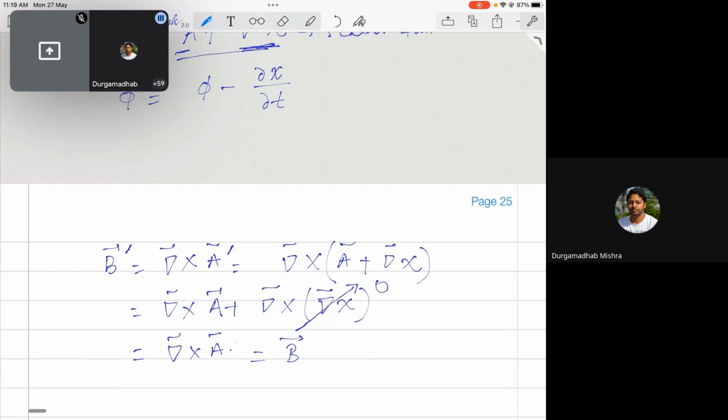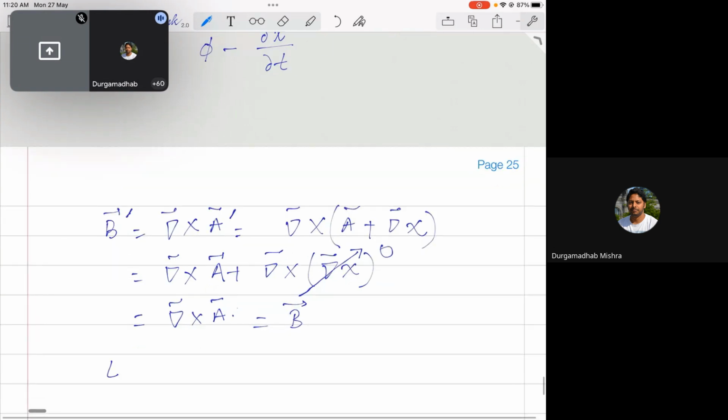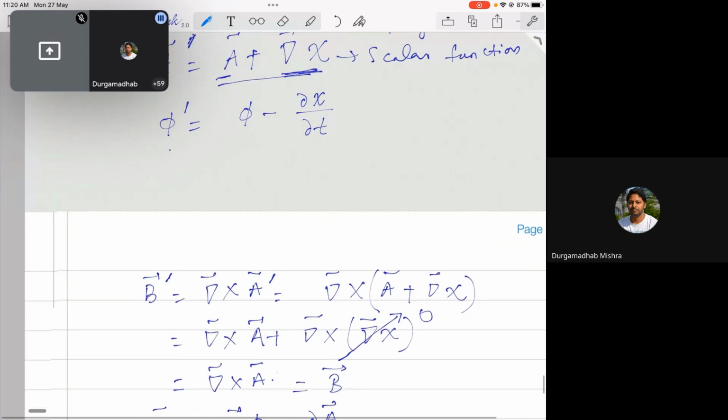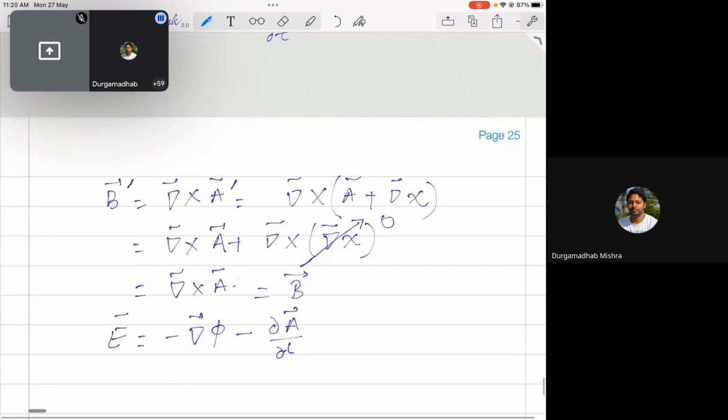The electric field depends on both the scalar potential as well as the vector potential, with the form minus del A by del t. Now you just substitute the new phi prime there and you will see it remains unchanged.